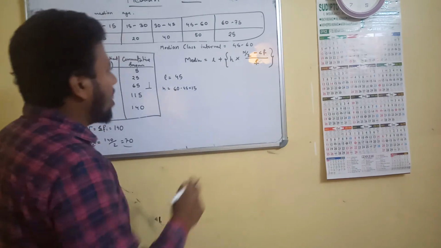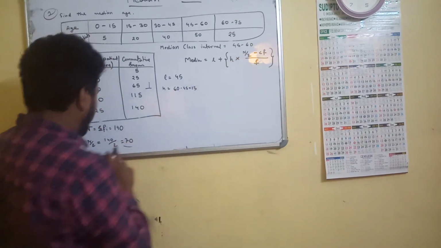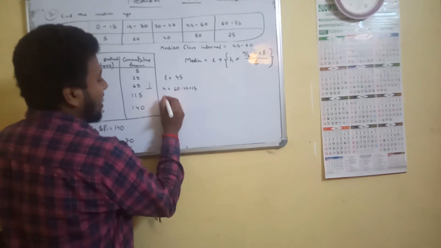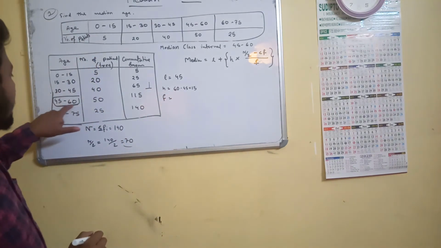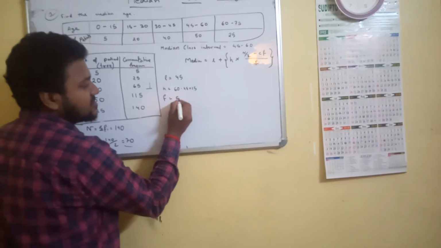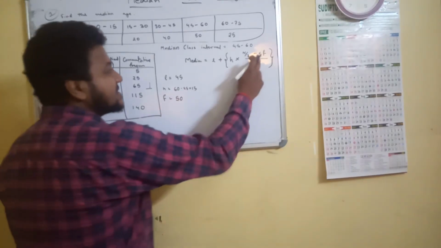Now we also have the N by 2 value, which is already here. What is F? F is the frequency of the class 45 to 60, which is 50. Now what is CF?